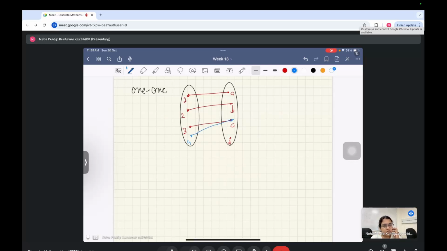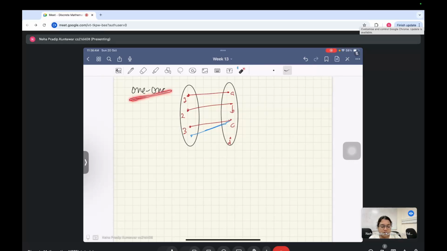Then this function is not one-to-one, because what it says is, if I look at any element in this set B, let's say I look at A, it should have only one pre-image. If I look at B, it should have only one pre-image, one or none. And if I look at C, for example, then I should have only one pre-image. But if I add this edge, then the property is violated, because now C has two pre-images, one goes to 3 and one goes to 4.